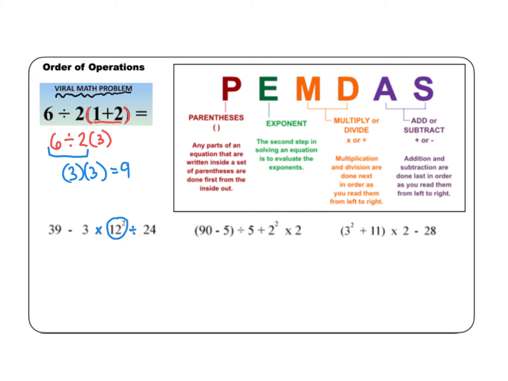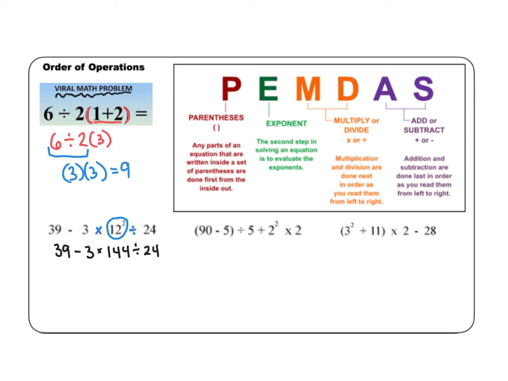We don't have any parentheses, so we're going to go after that exponential term first. And so bringing everything down, we've got 39 minus 3 times 144 divided by 24.